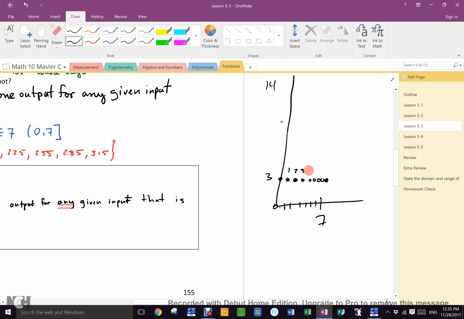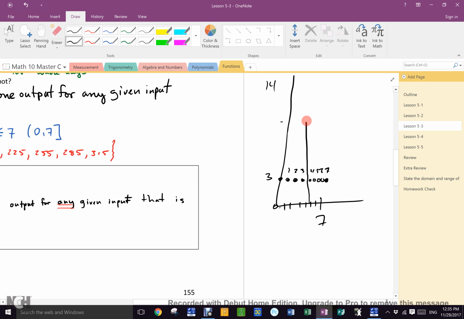That's 1, 2, 3, 4, 5, 6, 7, right? Okay. So at an input of 1, did I have an output? What was it? 3, right? I input 1, I output 3, yes? At an input of 2, what was my output? 3. At an input of 3, what was my output? At an input of 3.5, what is my output?